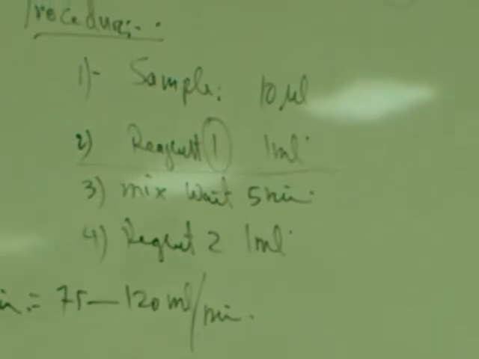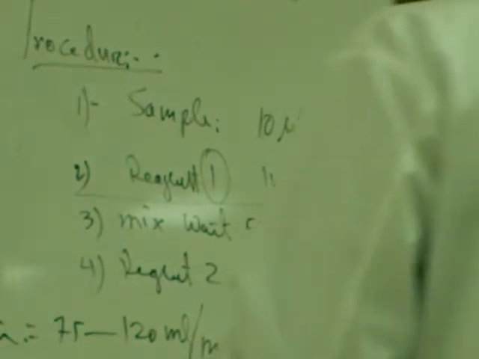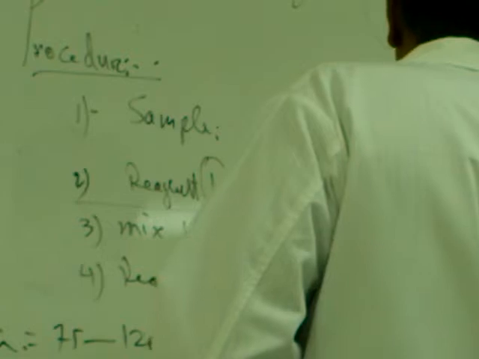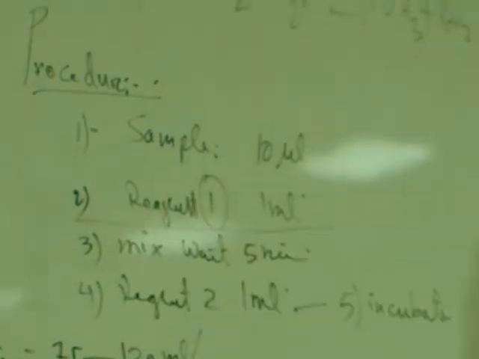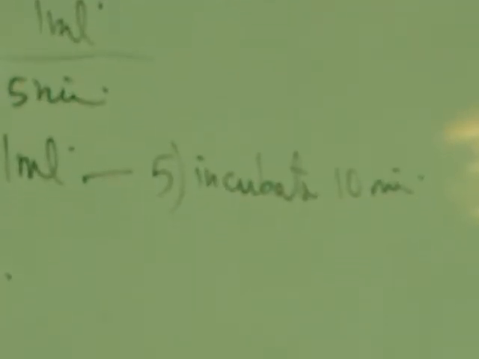Okay, you will mix and incubate for 10 minutes until the color is produced. Then you will get the absorption. Incubate 10 minutes and get absorption at 540 nanometer. Right?